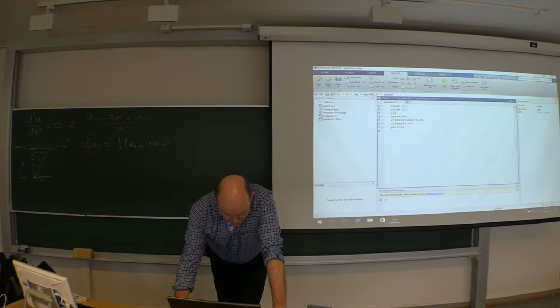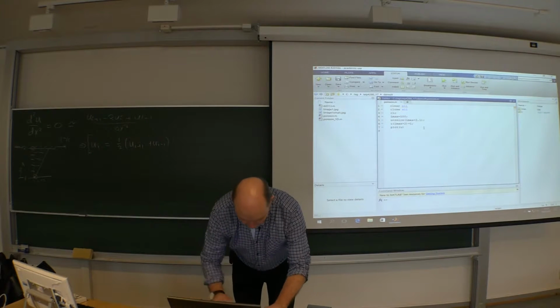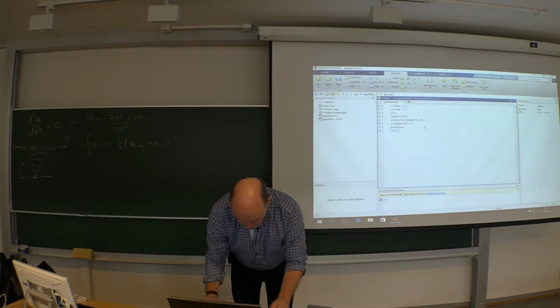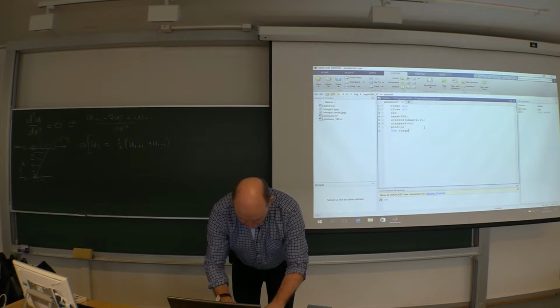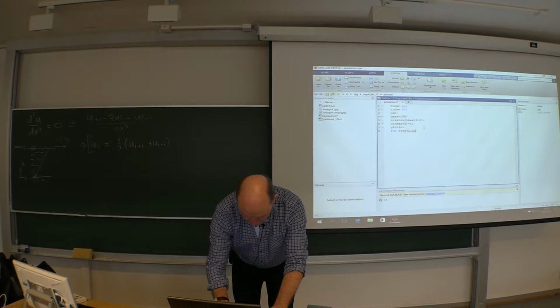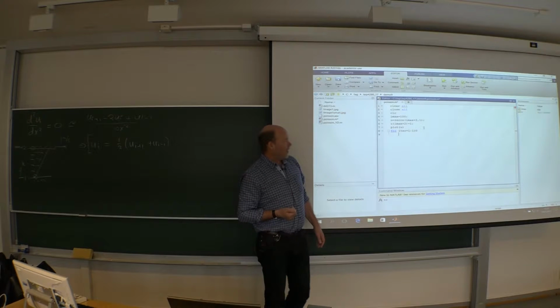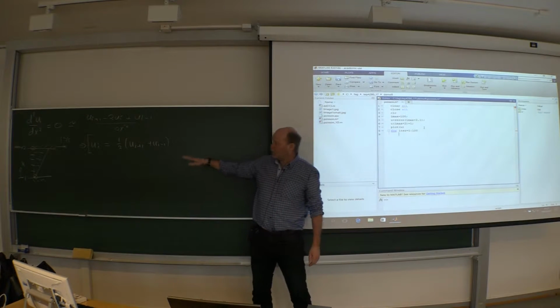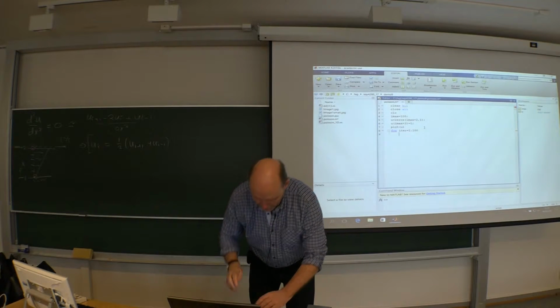Then we start using our dummy scheme. So what should we write here? For iterations, iter equal 1 to, I have no idea, say 100. Now for every iteration, we have to go through all the internal points and then update them according to this recipe.